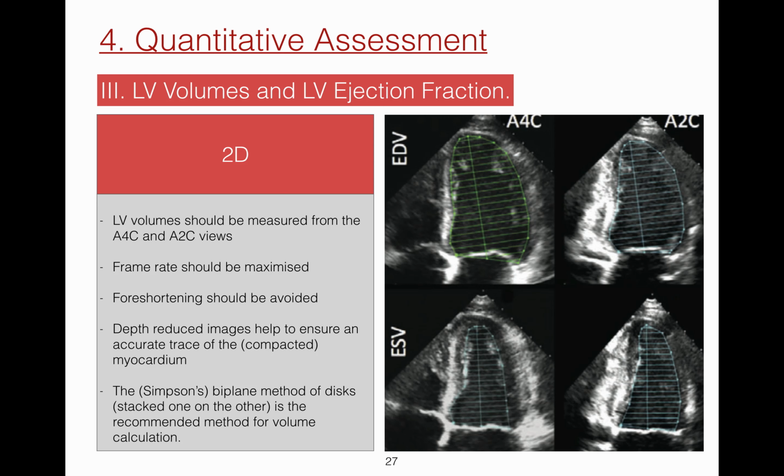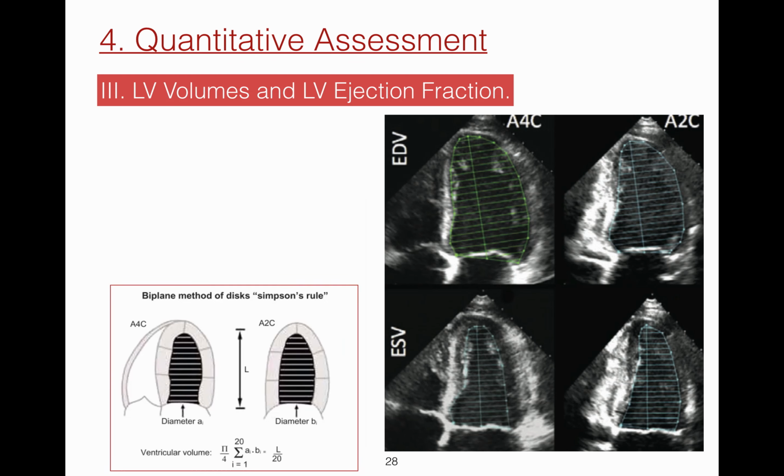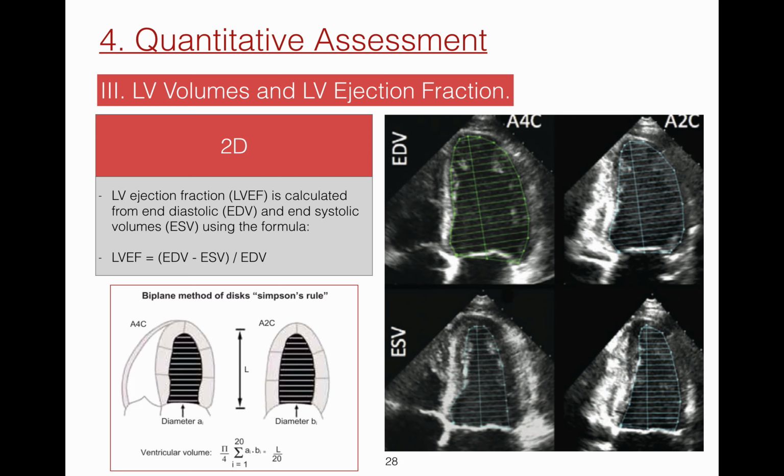The Simpson's biplane method of discs is the recommended method for calculating volumes. LV ejection fraction is calculated from end diastolic and end systolic volumes using the formula shown on this slide.